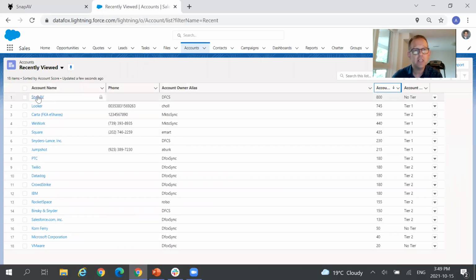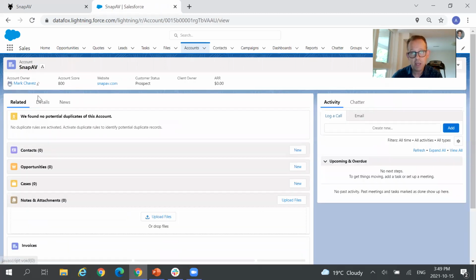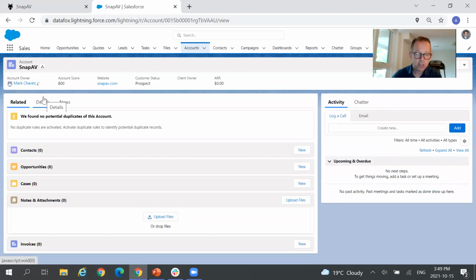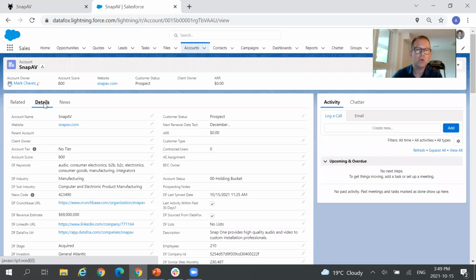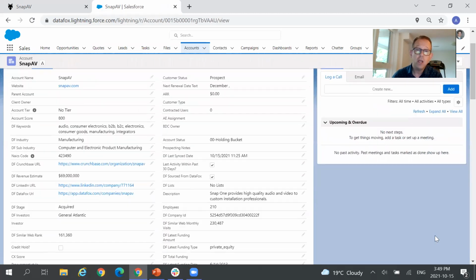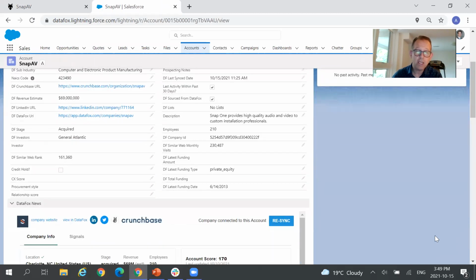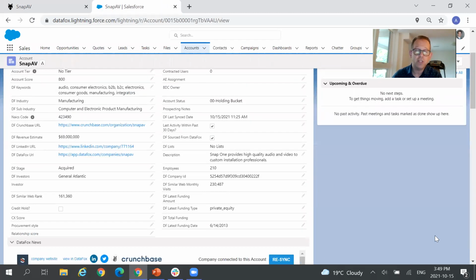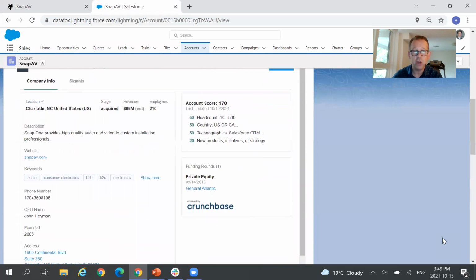And here we can see that same company, SnapAV, all of the data and signals and intelligence and the account score that we just focused on in the first half of the demo also appears directly inside of Salesforce, either as data on the account object or in this iframe here. And so this is really a great solution to help your sales reps prioritize and personalize and be more productive.